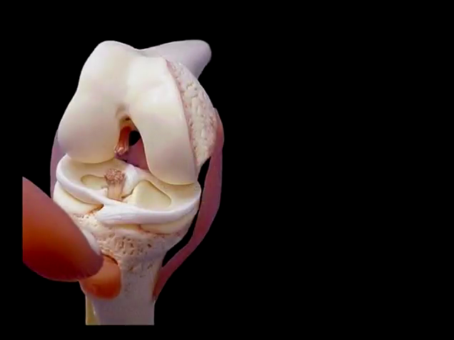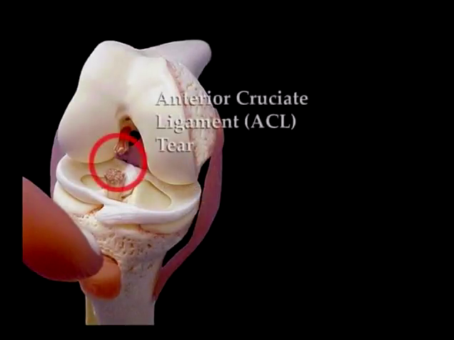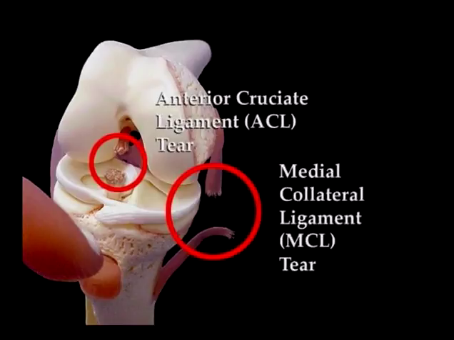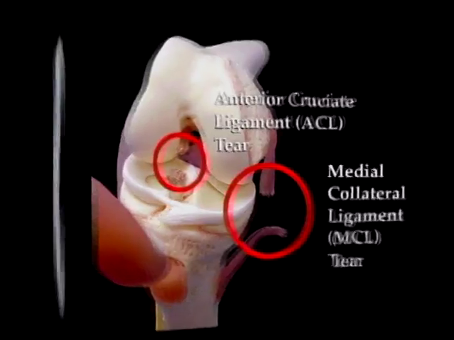Ruptures of the anterior cruciate ligament happen when the tibia moves too far forward or when the knee is hyperextended. If the knee is twisted violently, the ACL may not be the only ligament torn. Doctors often see simultaneous injury in both the medial collateral ligament and the ACL.